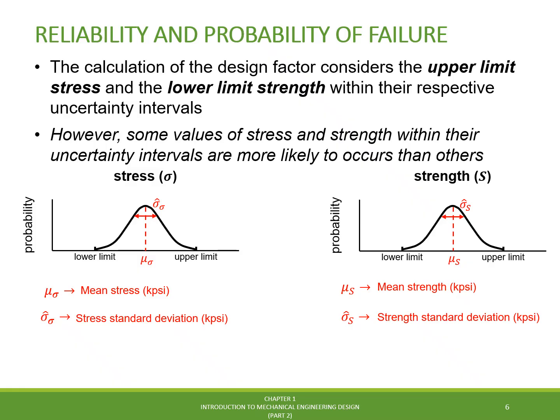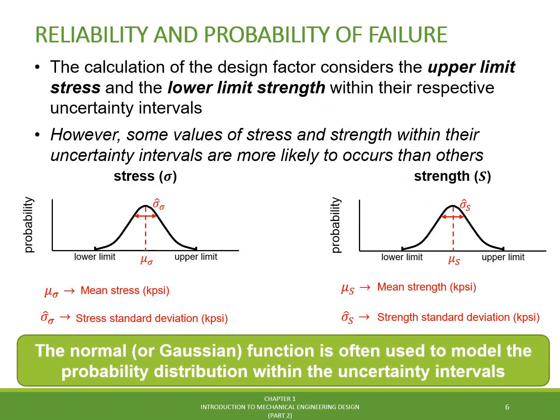The first one is the mean, which is the central tendency for both the stress and the strength, and we need the standard deviation, which is a measure of scattering, how scattered the bell curve is going to be around the mean. So the normal or Gaussian function is often used to model the probability distribution functions within uncertainty intervals.